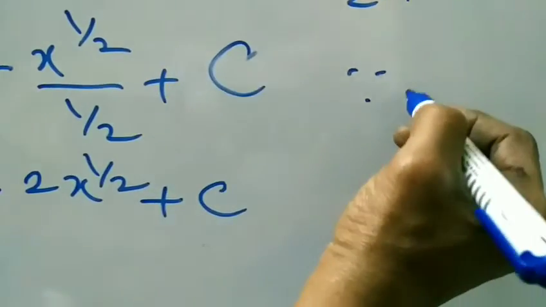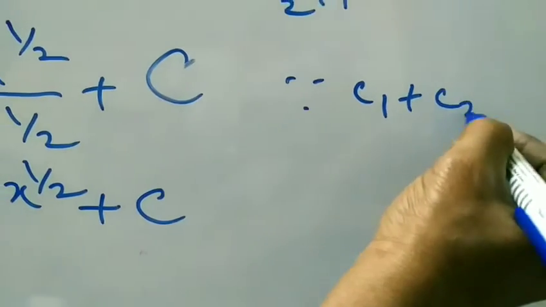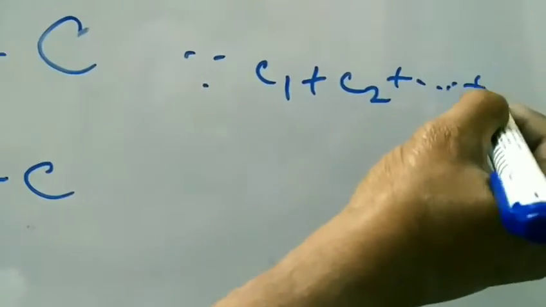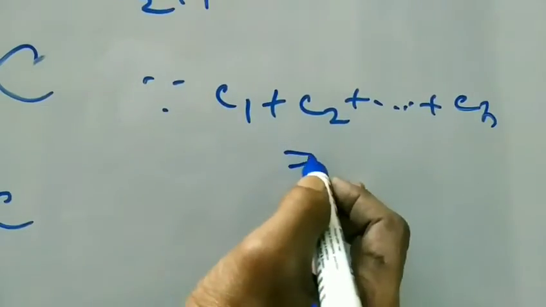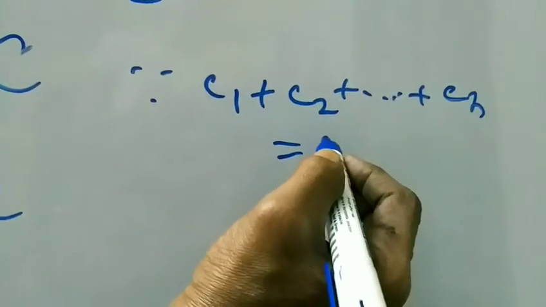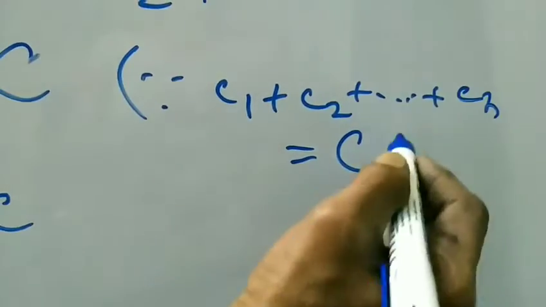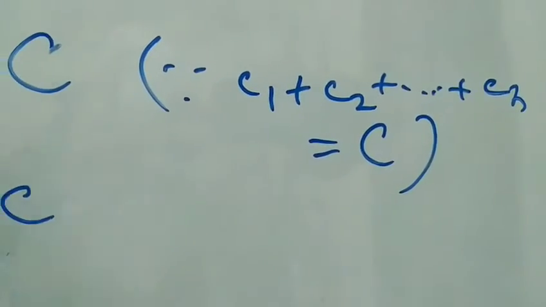Since c1 plus c2 and so on plus cn are constants, they become only one constant term here, that is this c.